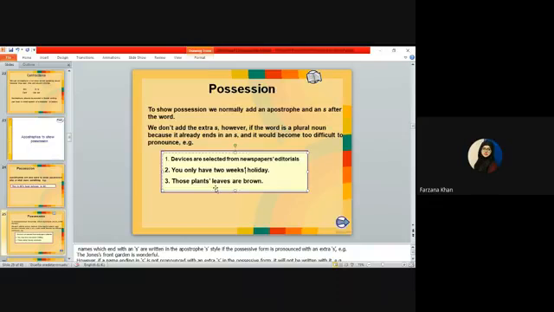Plants is a plural which contains s, so there is no need to add another s after the apostrophe. So we have added only an apostrophe. So the apostrophe is used to show possession of a noun or pronoun with another noun or pronoun.